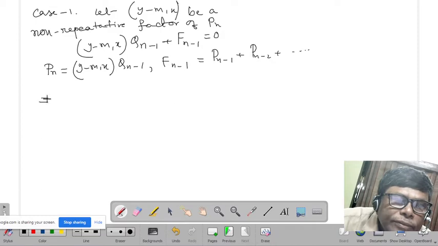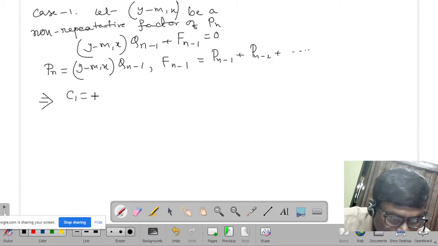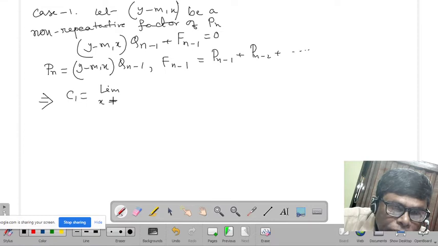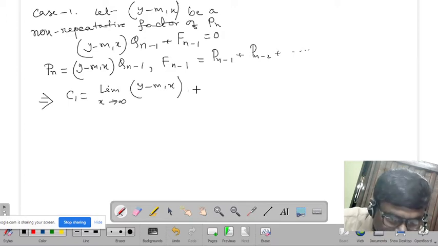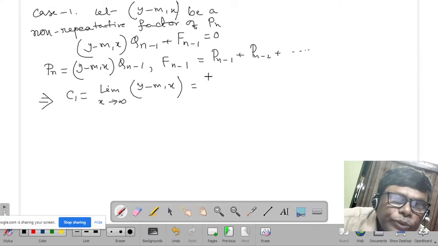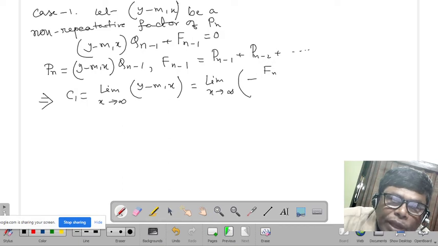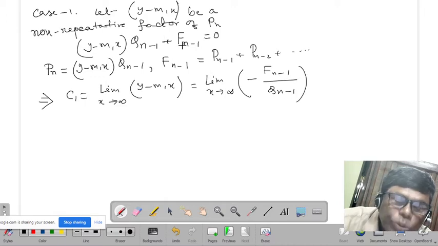So this implies C1 is equal to the limit as x tends to infinity of y minus m1x, and that is equal to the limit as x tends to infinity of minus fn minus 1 divided by qn minus 1 from this equation.